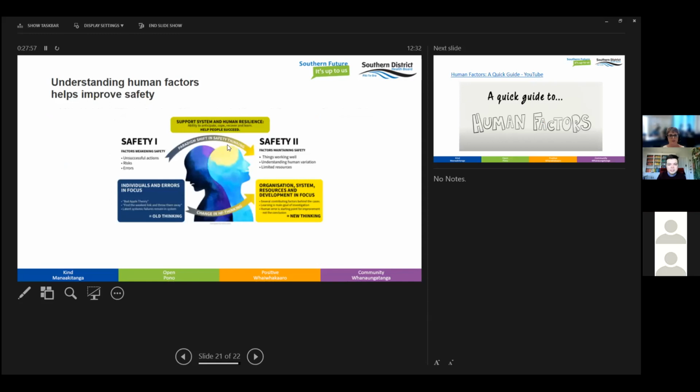And so for me, there's that jump from Safety 1, which is really a focus on the individuals made the errors, how can we fix the individuals? That's the old thinking, to Safety 2, which is happening at the HQSC from the Adverse Event Learning Program, is looking at Safety 2, which really does focus on what's happening in the system?